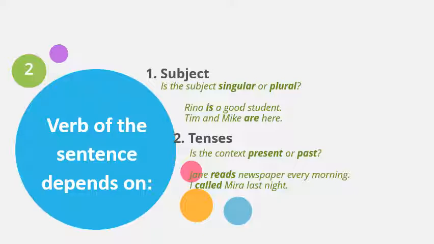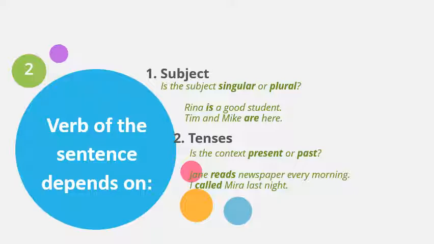But what about the second one? I called Mira last night. Can you see the adverb of time in the sentence? Yes, good job. It is last night. Is it present or past? Yes, it is past.